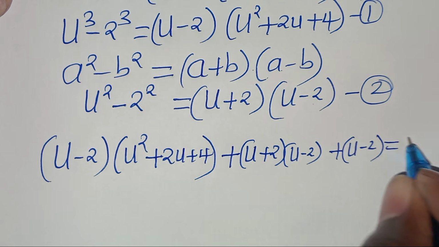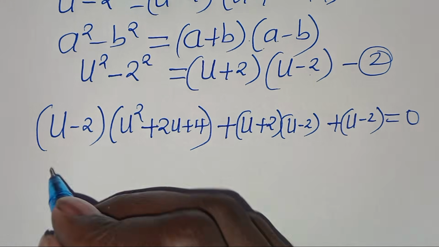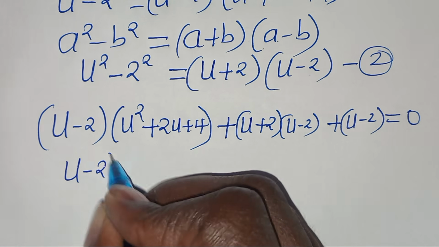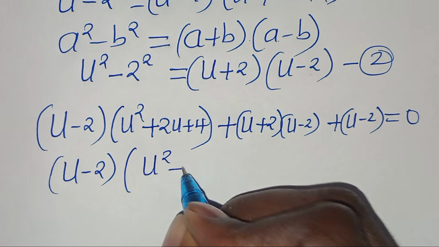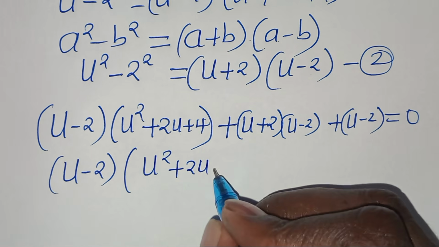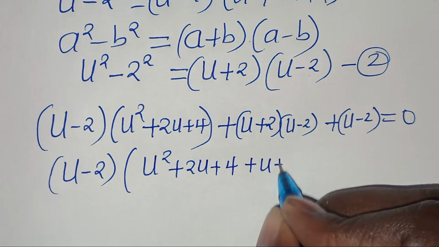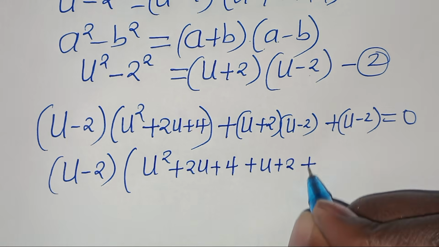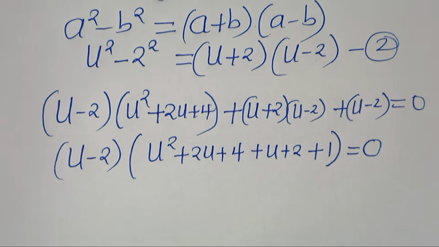This is equal to 0. Now u minus 2 is common here. We can factor out u subtract 2 into the parentheses. This is u to the power of 2 plus 2u plus 4 plus u plus 2, then plus 1, close the parentheses. This is equal to 0.